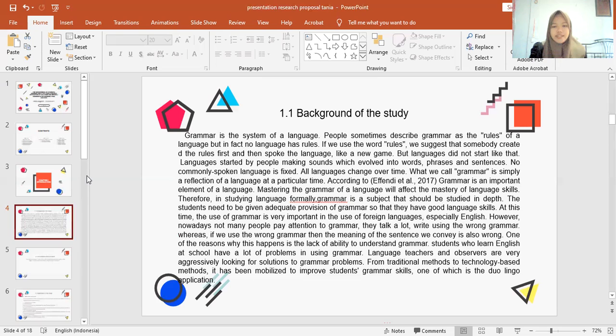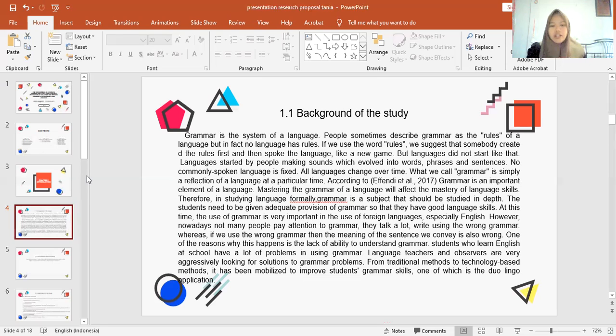But languages didn't start like that. Languages start by people making sounds which evolve into words, phrases, and sentences. No commonly spoken language is fixed. All languages change over time. What we call grammar is simply a reflection of language at a particular time.